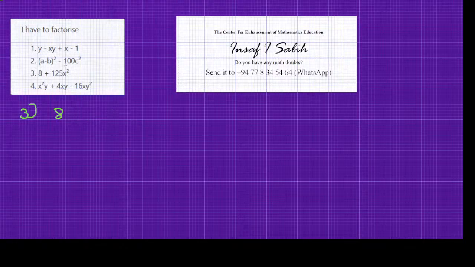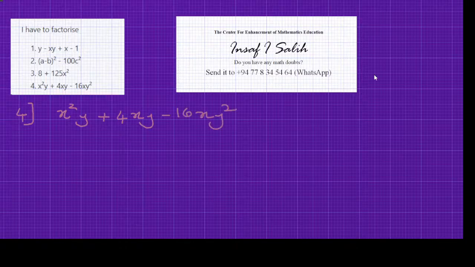Right, let's look at number 4. That's x squared y plus 4xy minus 16xy squared. Alright, what's the common factor? We see xy in all three terms. So xy is the common factor.